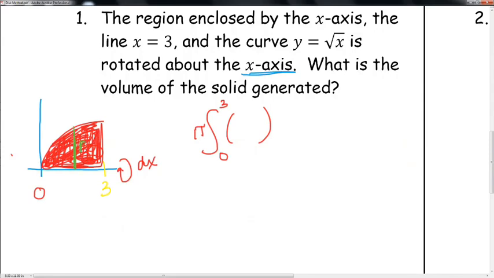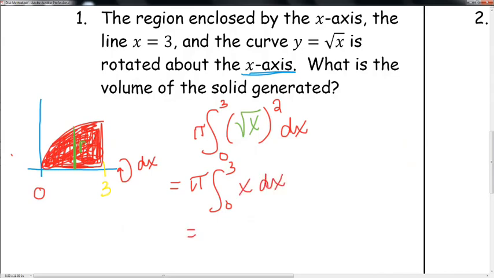All we have to do is take our function, the square root of x, and square it. Again, it's going to be in terms of dx. So this becomes pi from 0 to 3 of x dx.